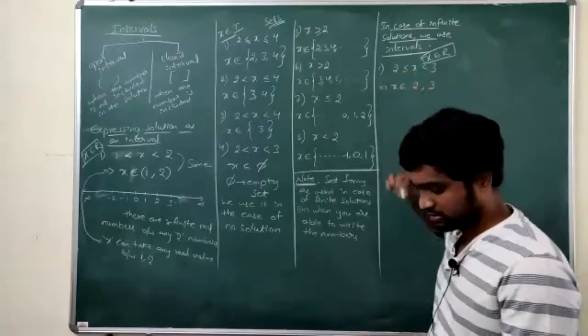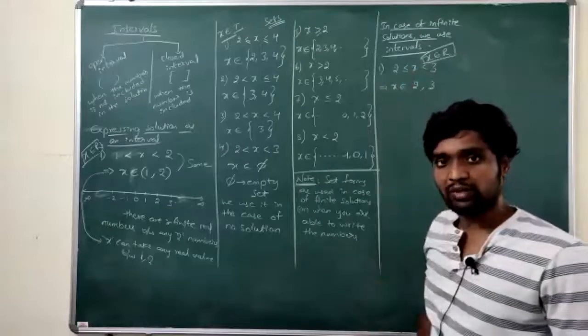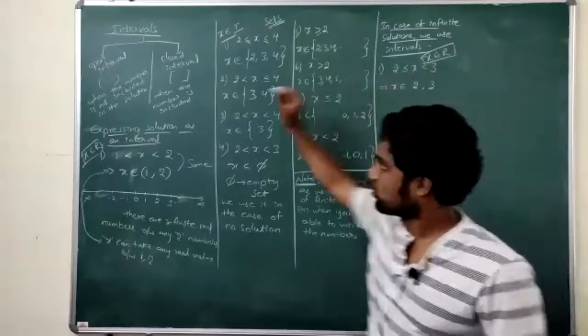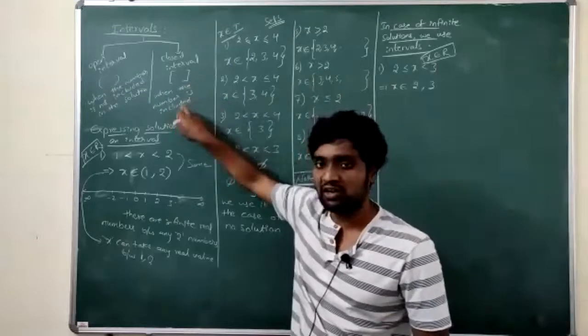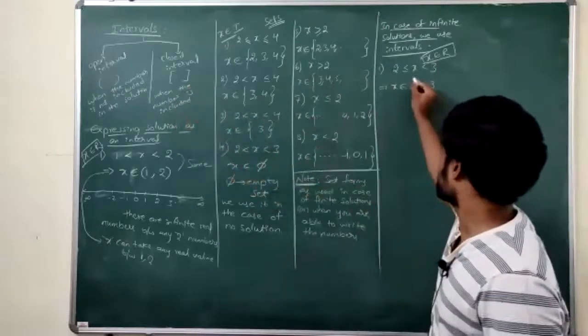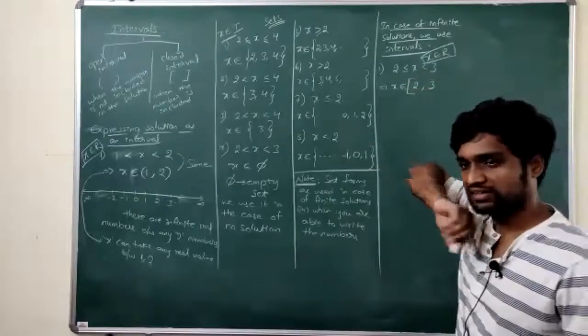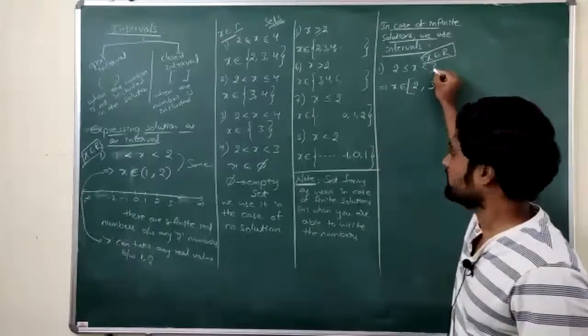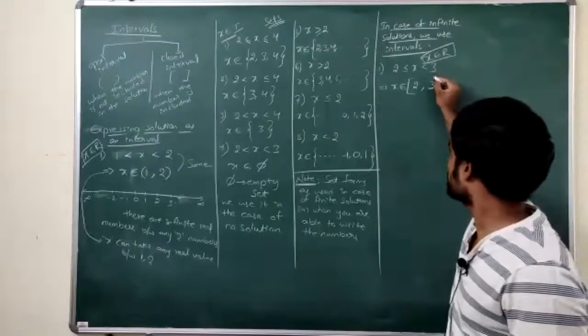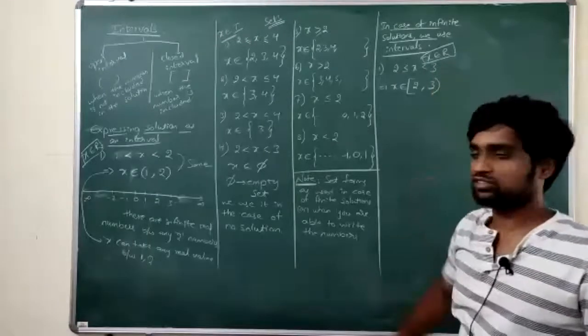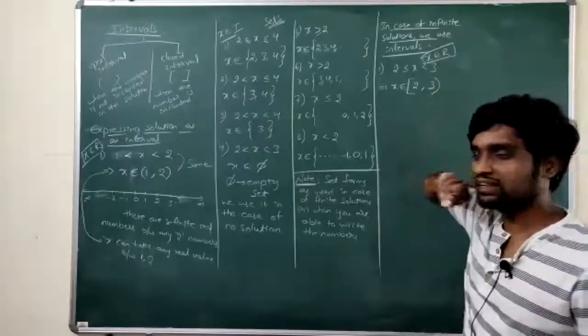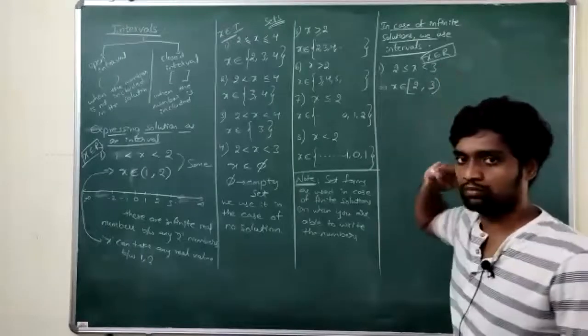Yes, it can. So when the number is included, which interval are you going to use? Closed interval, closed brackets. Now, is 3 included? No. For 3, you are going to use open interval. That is how you express this inequality in interval form.